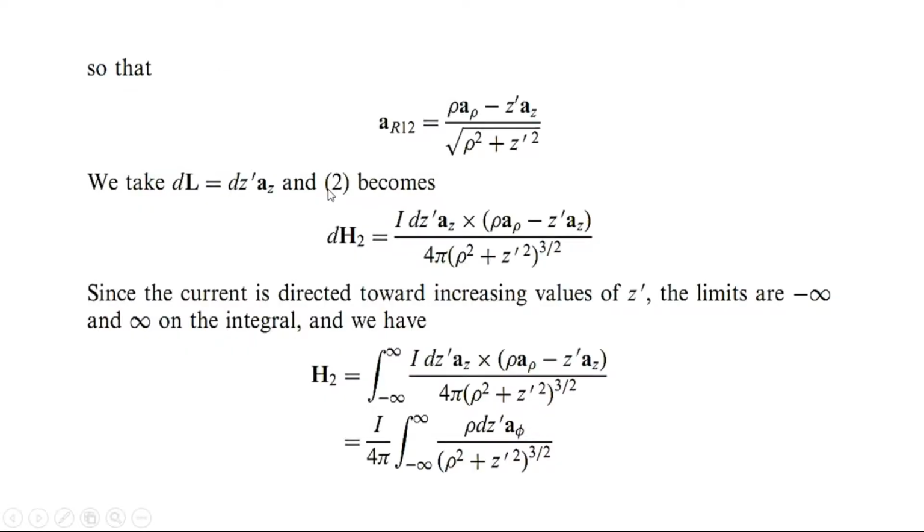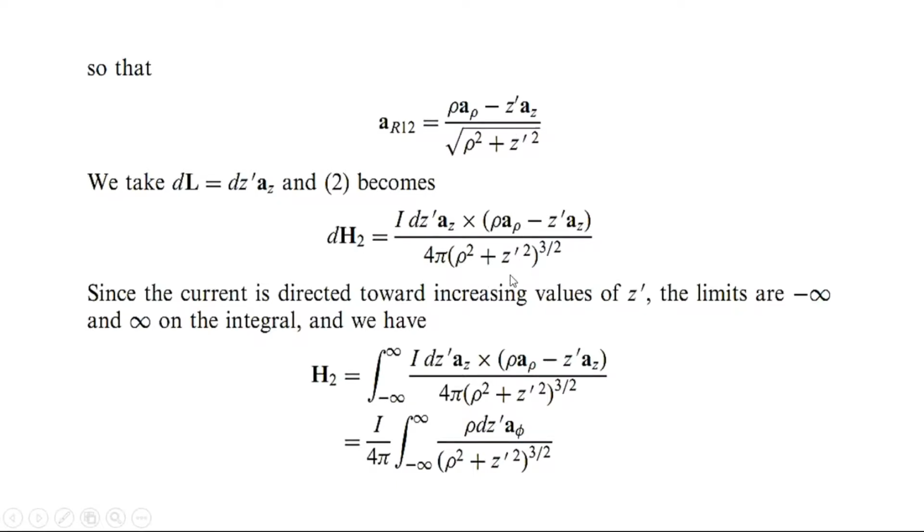And equation 2, that was dH2 is equal to I dL cross a_R divided by 4 pi R squared. That was actually equation number 2. So equation number 2 will become dH2 is equal to I dL cross a_R, so I dL is equal to dz' a_z cross a_R, where a_R is equal to the vector, rho arrow minus z' a_z, divided by its magnitude, over 4 pi R squared.